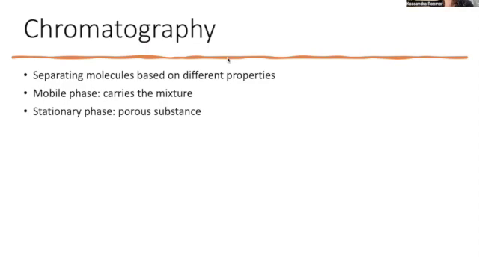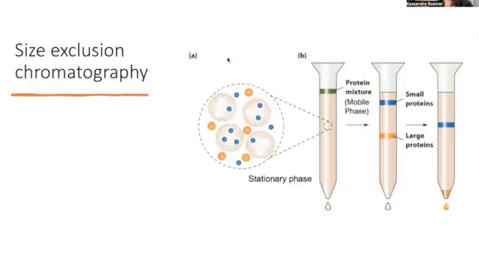Based on the properties of the substances, the components travel at different speed through the column and then elute depending on those properties.